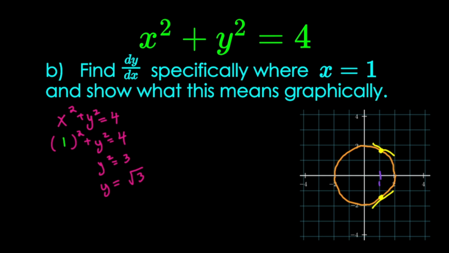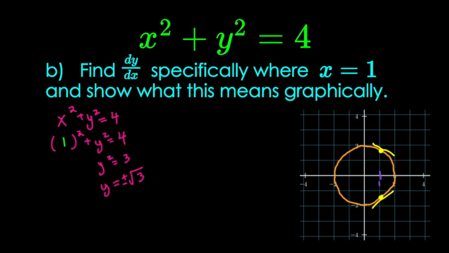Most people can get that far, but look at the graph and you'll remember that there's actually 2 results for y. There's a tendency to forget the plus or minus here, but the picture should remind you that we're supposed to get 2 values, not just 1. So we have 2 points to work with.